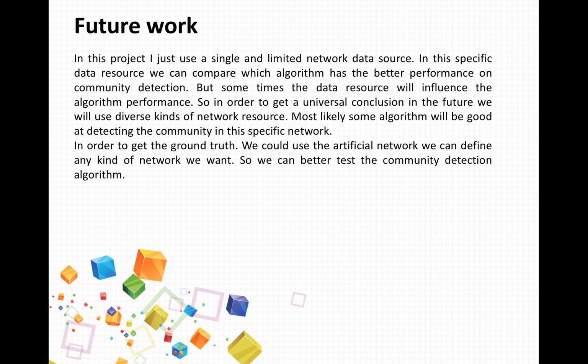Most likely the outcome is some algorithm is good at detecting community in this specific network, and some other algorithm is good at another network. So in order to get a ground truth, we could use artificial networks, and we can define any kind of network we want, so we can better test the community detection algorithms.